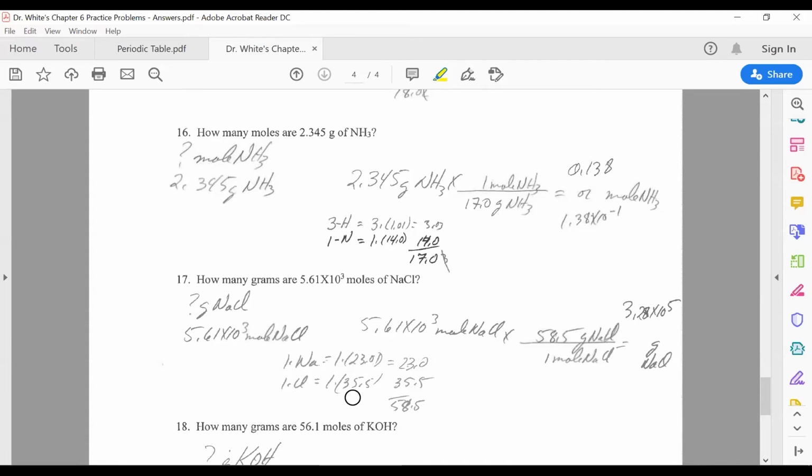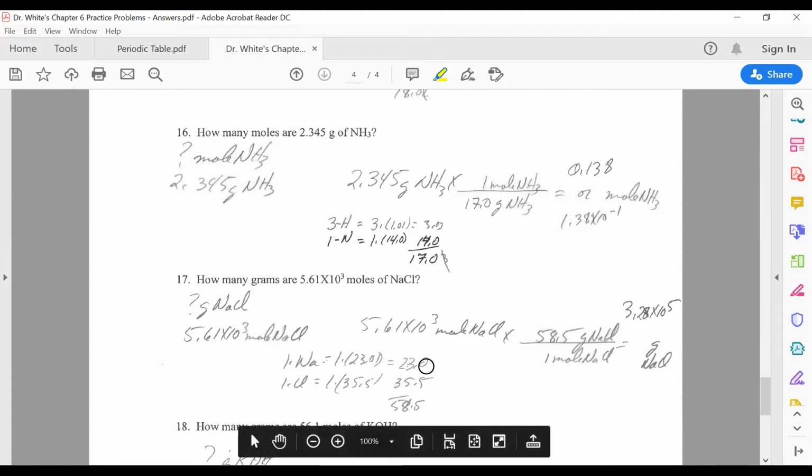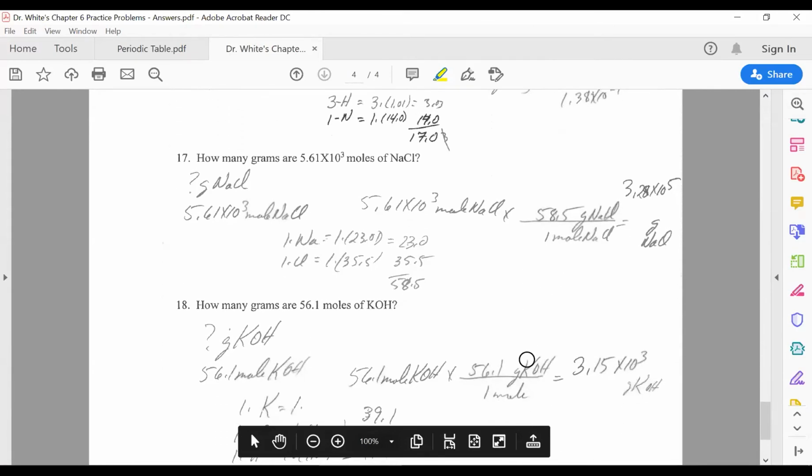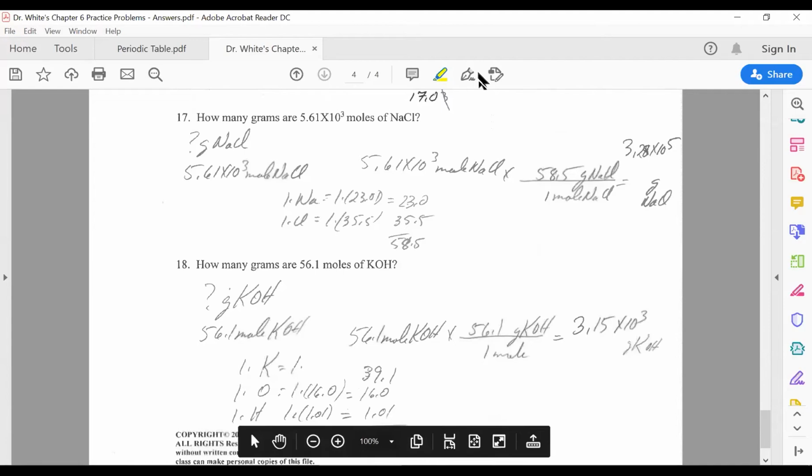And this is 35.5 for chlorine. Add them up, 58.5, 3 significant figures. And the last one is the same thing. And that's that. Any questions on the problem set?